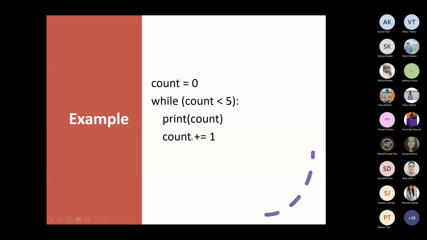2. Is 2 less than 5? Yes. Then count will become 3. Is 3 less than 5? Yes. Then count will become 4. Is 4 less than 5? Yes. Then count will become 5. Correct?